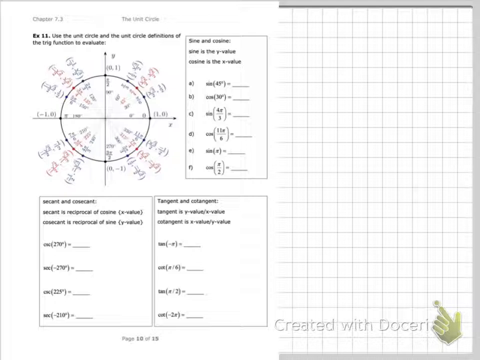First things first, I want to point out what you need to remember as you look at some of these values. I did this when I was building the special right triangles. I picked that point that would fall right on the circle. You need to always keep in mind that this x, y, the x value is the cosine of theta, the y value is the sine of theta.